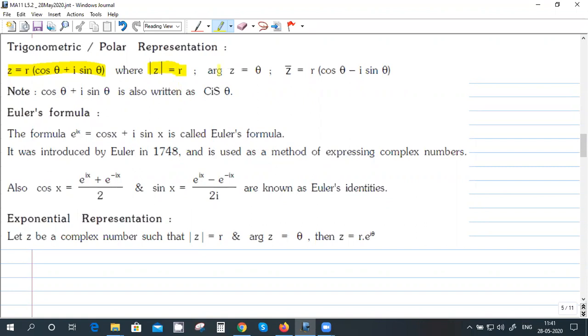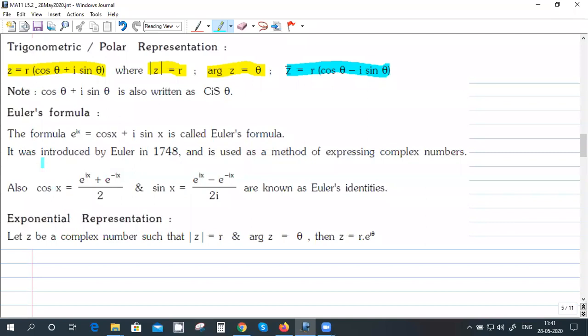And the argument of z is theta, where theta is this angle, where x is r cos theta and y is r sin theta. And z conjugate will become x minus iy, so that will become r into cos theta minus i sin theta.